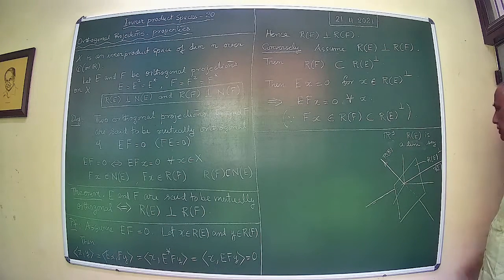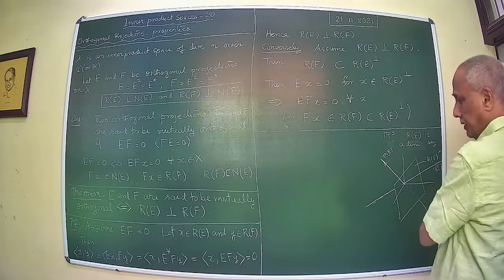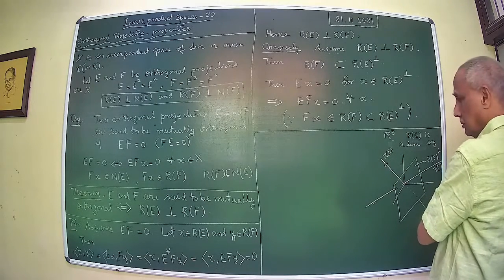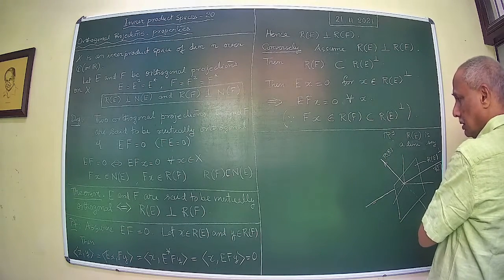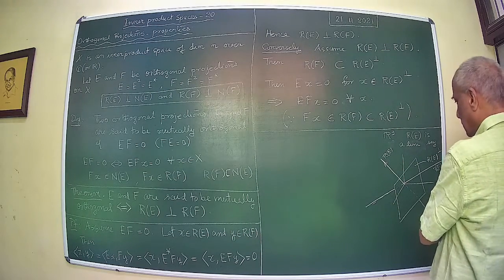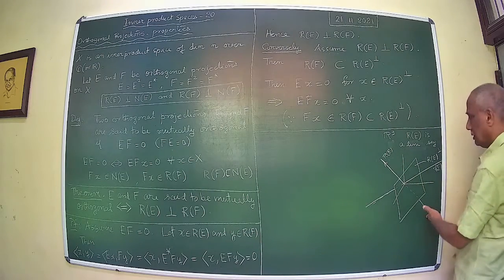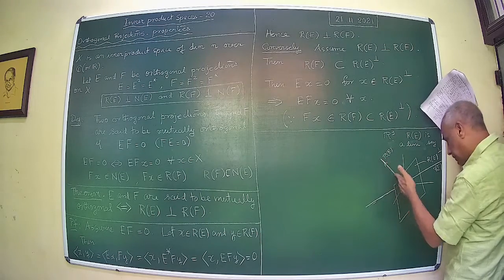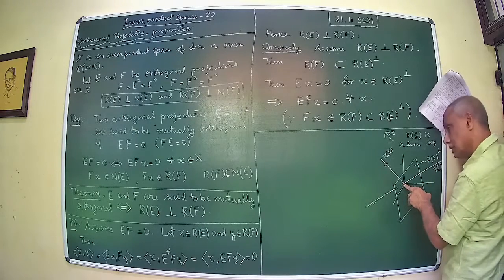So RF is orthogonal to RE, right? Then what do you get? Take a vector, apply E, then you are in RE, and then you are taking the image of that and projecting it to F orthogonally. Then where do you reach? You reach 0.